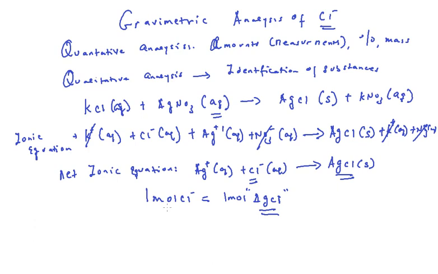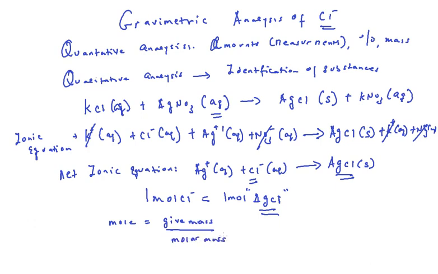So in this experiment, the mole ratio between chloride ion and silver chloride is the same. This basically means that 1 mole of chloride ion reacts with 1 mole of silver ion to produce 1 mole of silver chloride. Now, what is a mole? Just a definition of mole: a mole is a given mass divided by a molar mass.